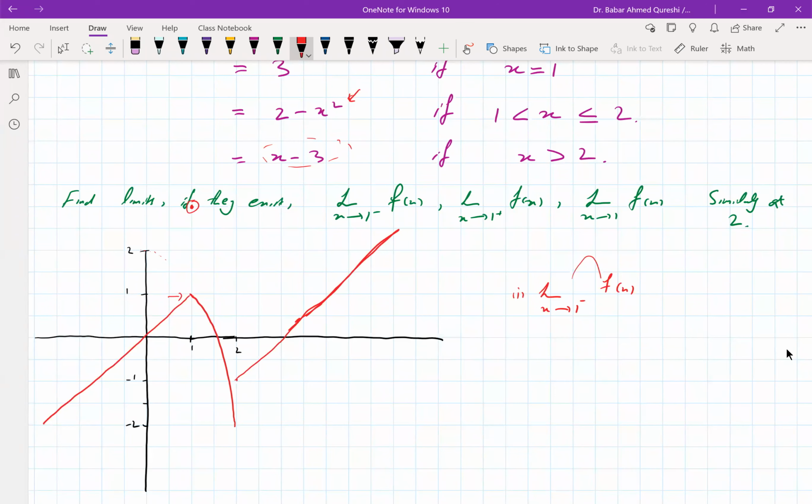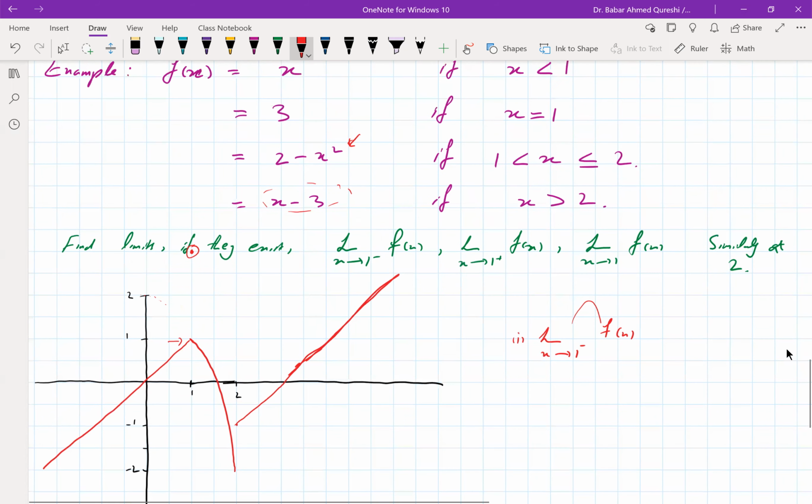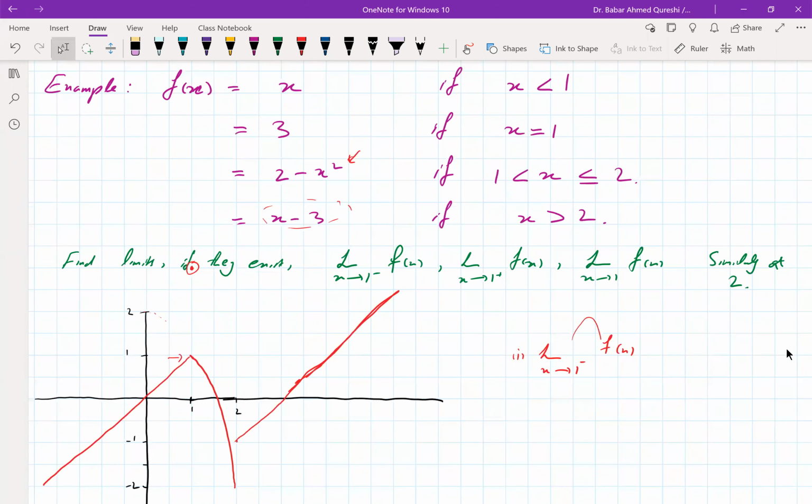But in the region when you are below 1, your function is just x. And in that region, you can just plug in the value of 1, and that will be the limit because it's just a polynomial. So x going to 1 minus, the limit is just 1.